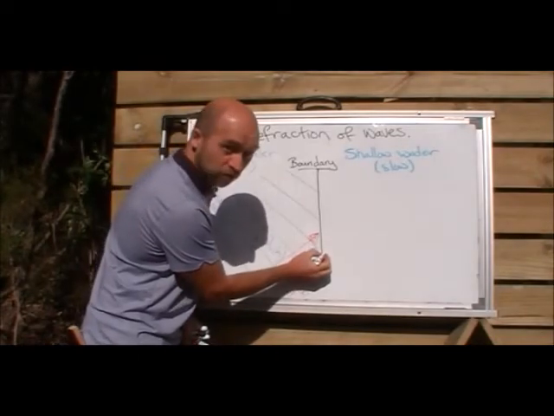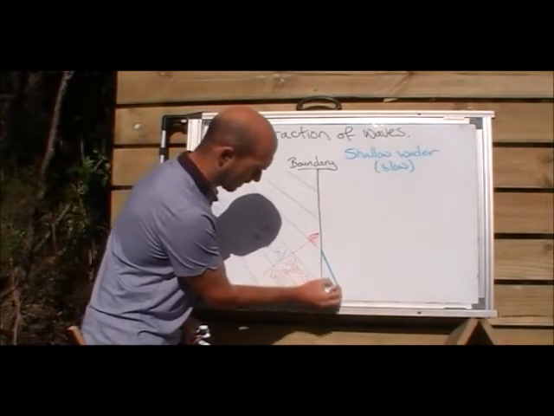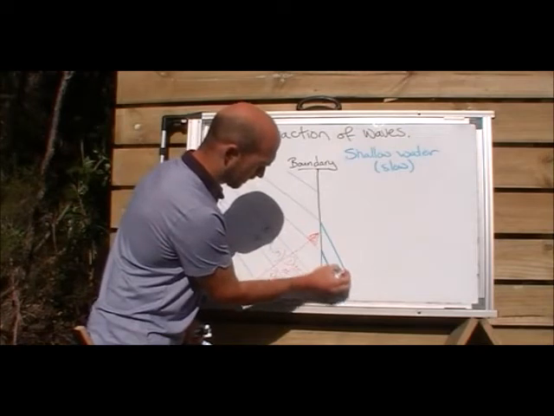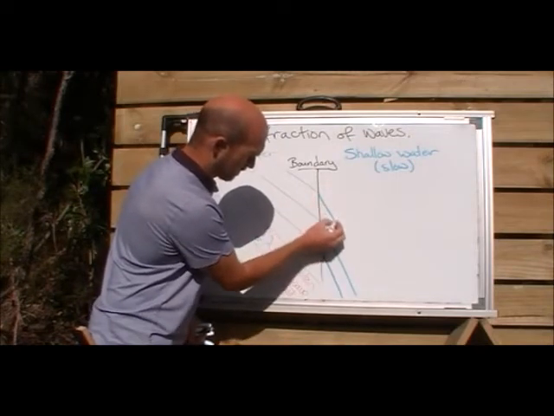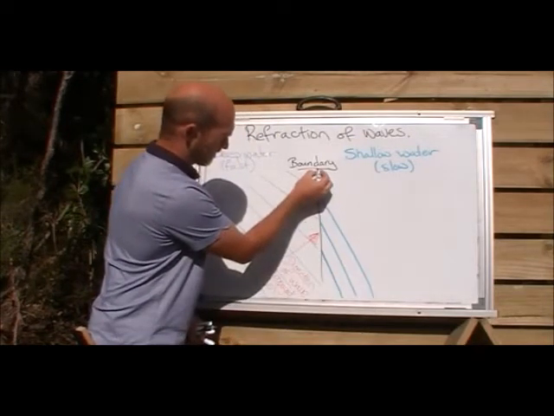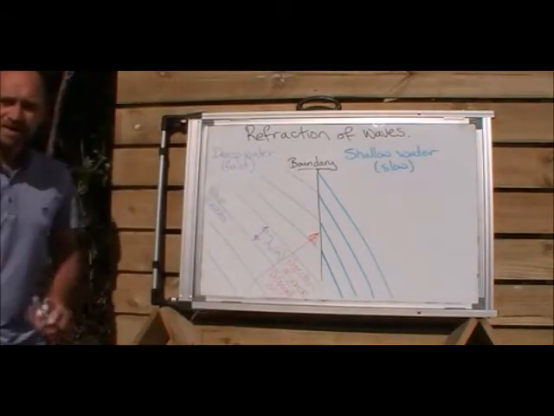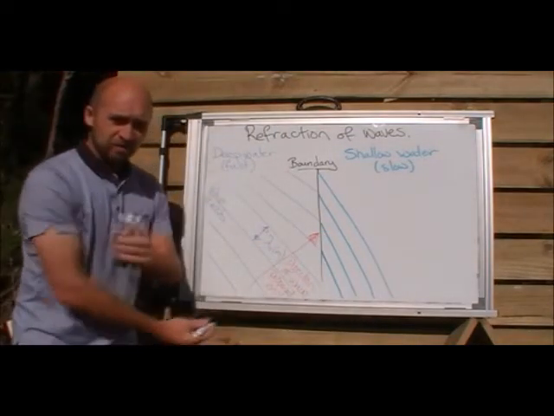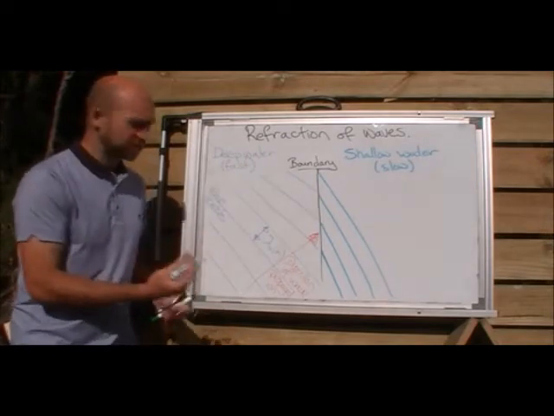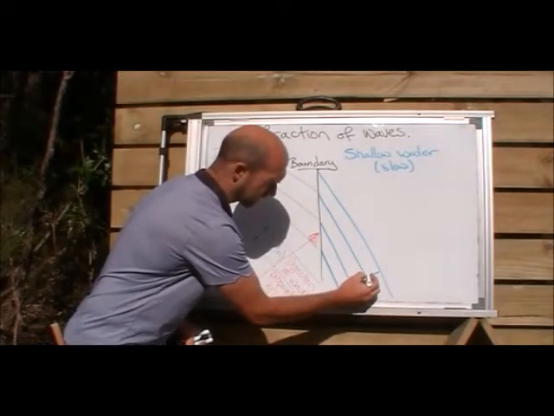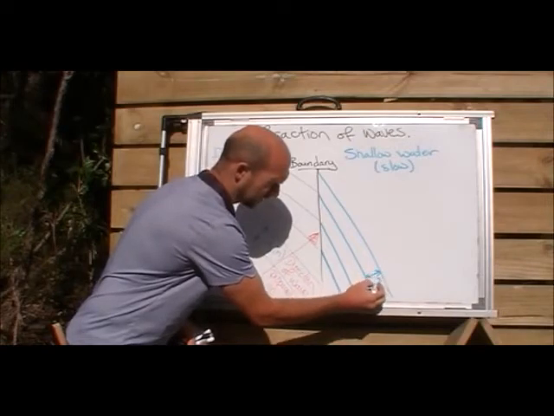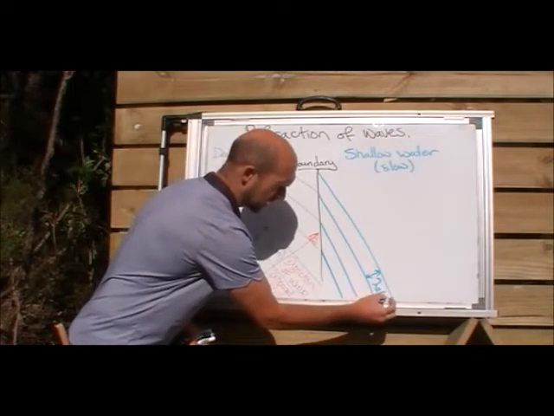Let's have a go at drawing what that might look like. Look, by bending them like that, we've made the waves closer together. We've made that lambda 2, in meters.